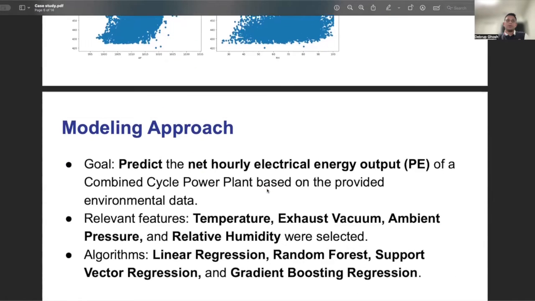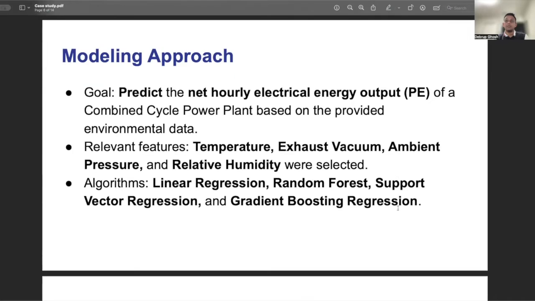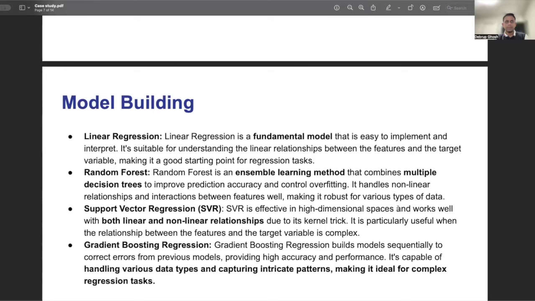So let's talk about the modeling approach. It's pretty straightforward. We talked about the goal, which is to predict the net hourly electrical energy output. We use the variables available over here, and then we applied four algorithms: linear regression and random forest. And I was quite curious to learn, how do you make a linear regression better? So I used support vector regression and gradient boosting regression as well.